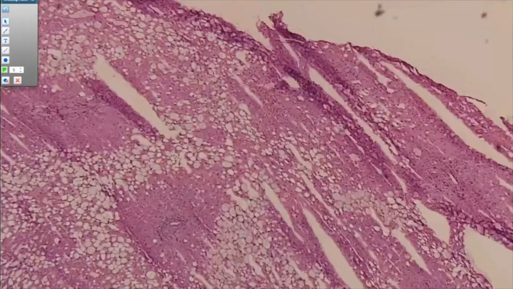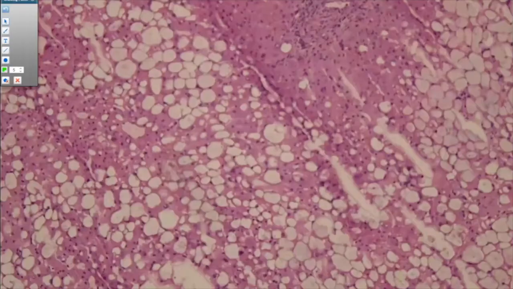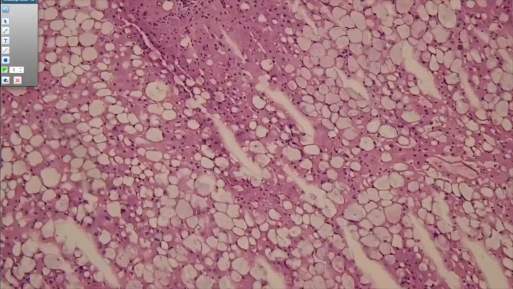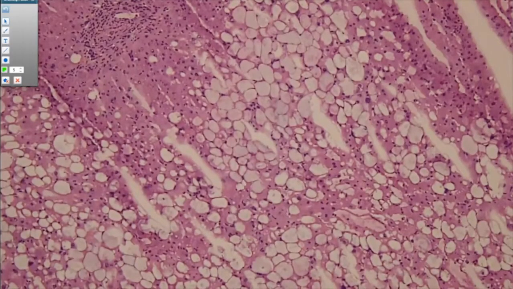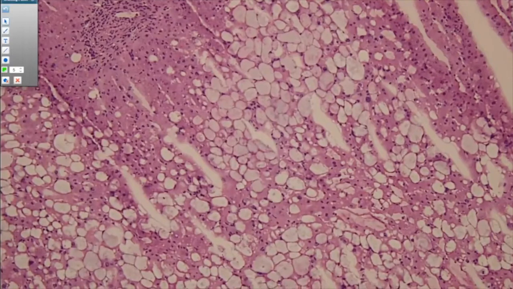So the most common reason for donor frozen section is evaluation for steatosis. And actually, grossly, if fat is too much, it looks yellow. So even the surgeon may abort the liver. However, if it's questionable, they ask us to do a frozen section diagnosis.